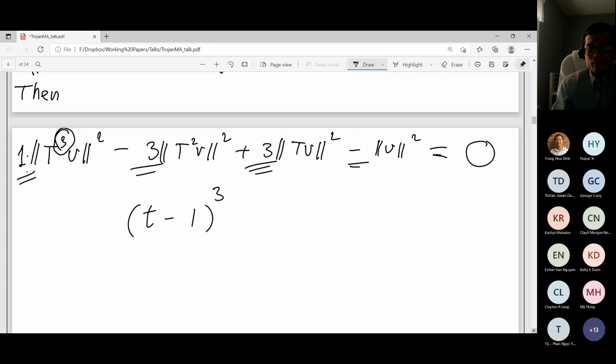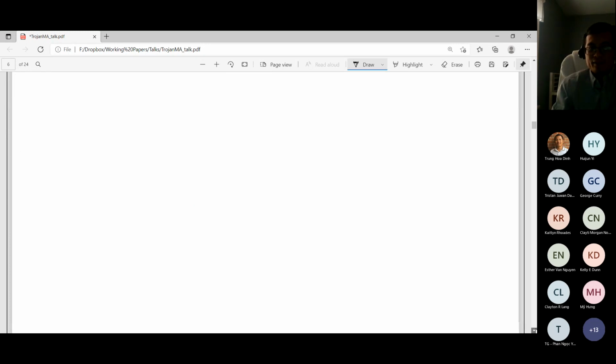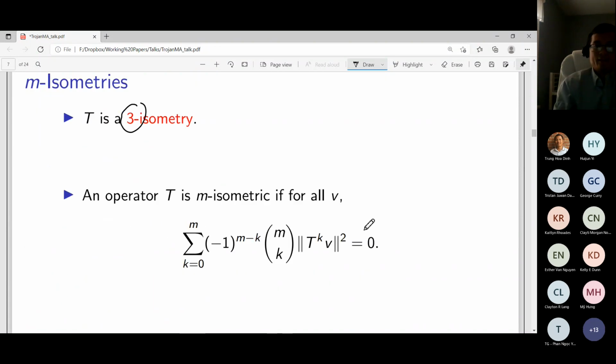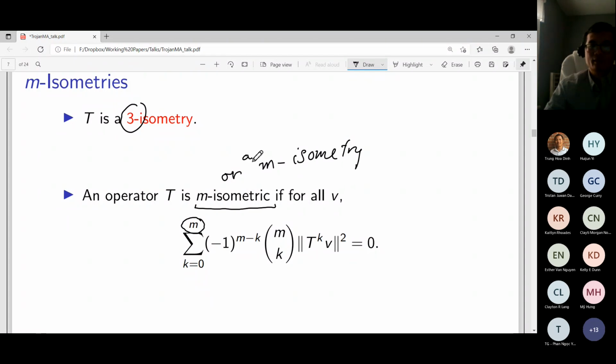So in general, whenever we have a linear operator that satisfies a similar equation, but instead of 3, we have an m here, then we say that T is an m-isometric operator, or just an m-isometry.